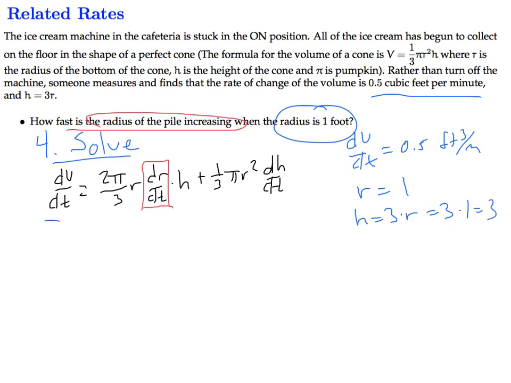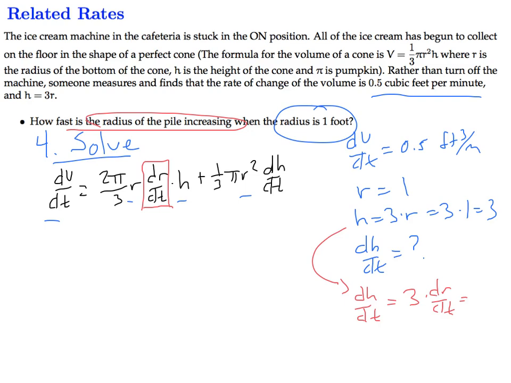So far we're doing well. We've got a lot of these letters figured out, but how in the world are we going to figure out dh over dt? Well, as it turns out, we have an equation. The equation h equals 3r, we can take the derivative of it, and we end up with dh over dt equal to 3 times dr over dt, which means we can just replace it with 3 dr dt.